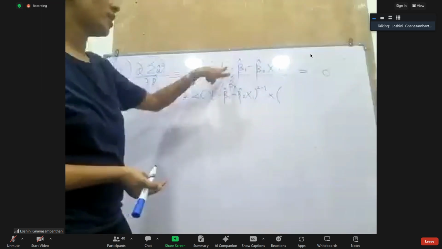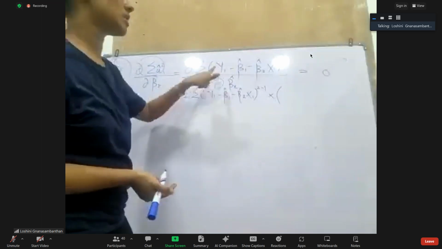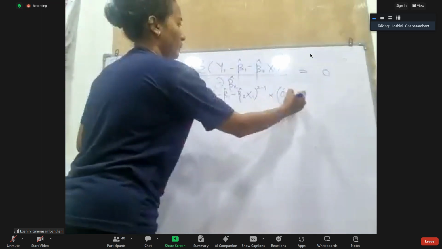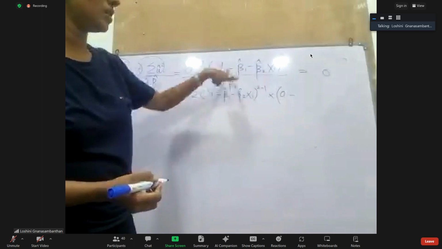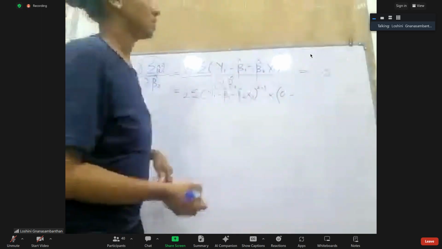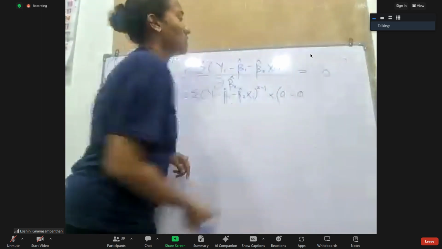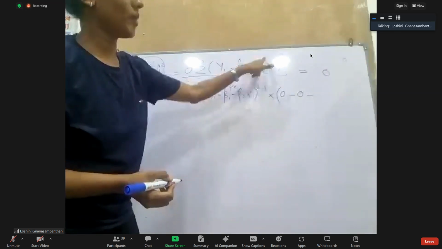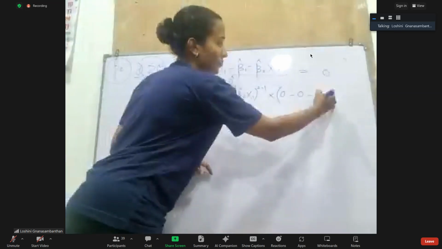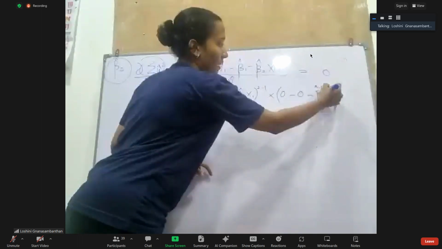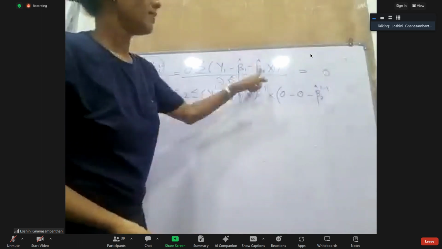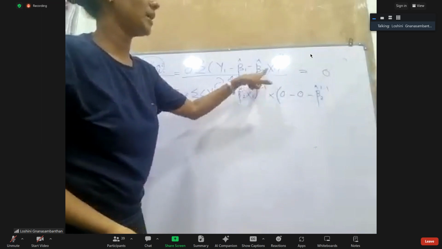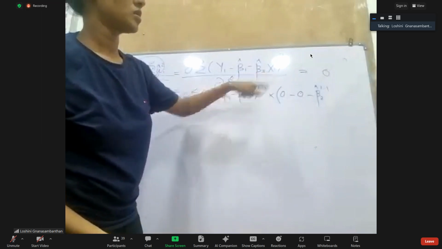Now can you find the beta 2 here? No. So it's a constant. Constant is a 0. Then can you find the beta 2 here? No, it's a constant. 0. Here, beta 2 to the power 1, 1 minus 1. Then this is a multiplication, right?